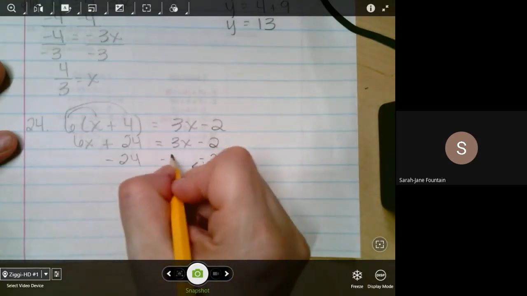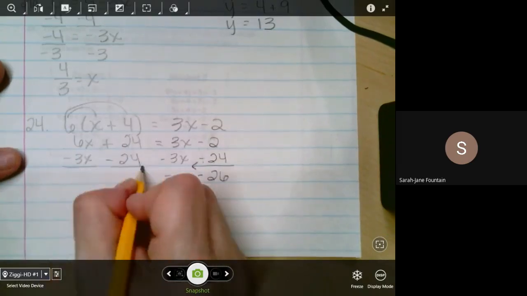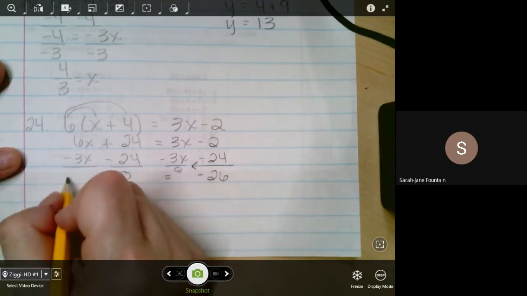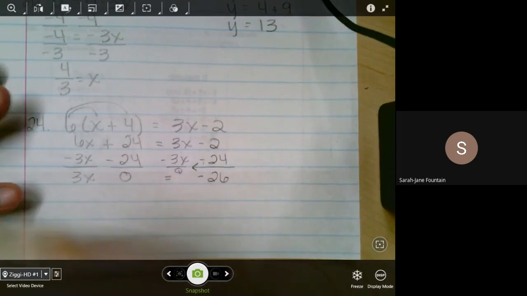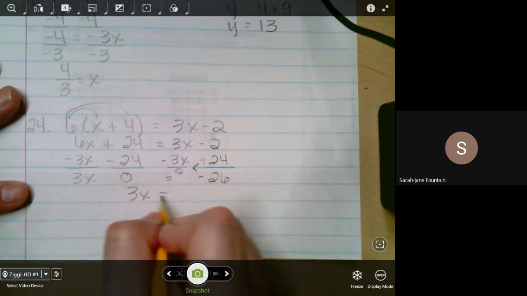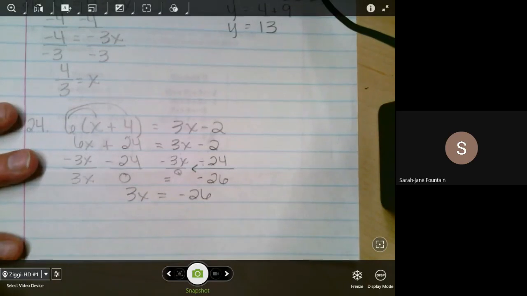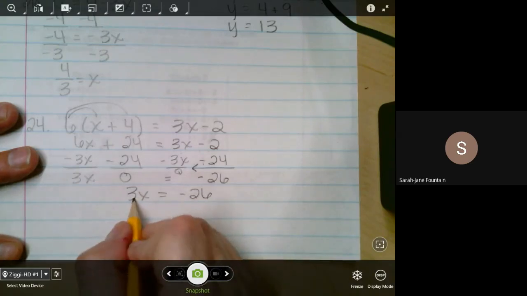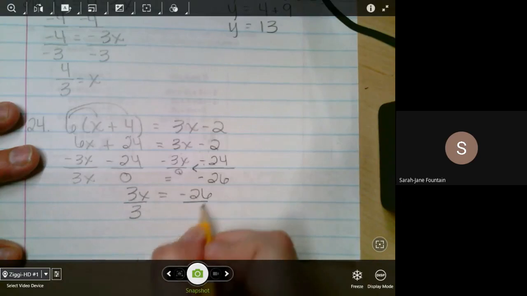And then we're going to subtract a 3x. 6 minus 3 is 3. So now I have 3x equal to negative 26. The inverse operation of multiplication is division. I'm multiplying the 3 times the x right now, so to get rid of that 3, I'm going to divide by 3.